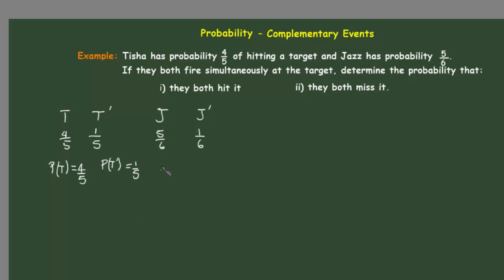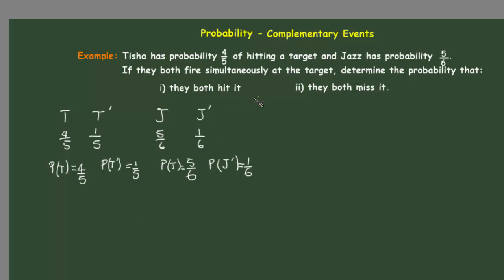Okay, and the same thing here. The probability for Jazz to hit the target is 5/6, and her complementary probability, J prime, is 1/6.